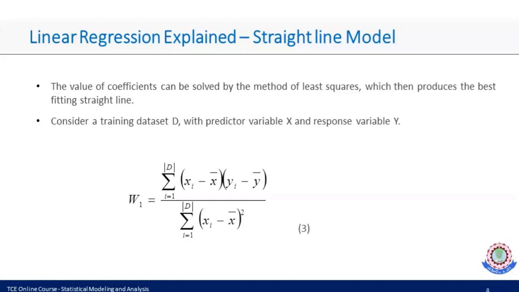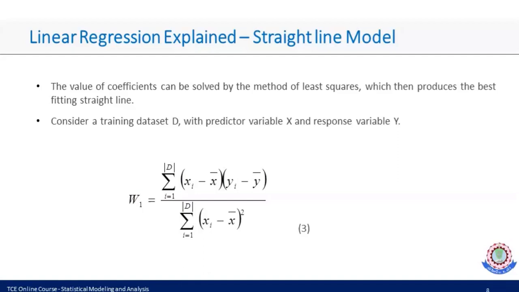For a general scenario, consider D to be the training data set, which consists of values corresponding to the predictor variable x for some population and their associated values for response variable y. Generally, the training set contains the data points x1, y1, x2, y2, x3, y3, up to xn, yn.